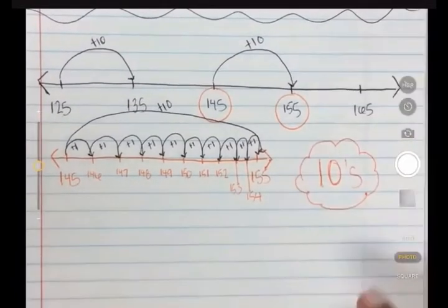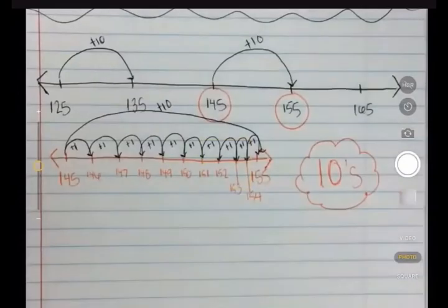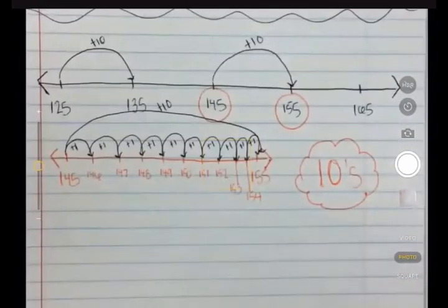Is this usually how we see our tens? 125, 135, 145? No, it's not. We usually see them 10, 20, 30. But in this case, this is still counting by tens. I added 10 every time. 125 plus 10, 135. 135 plus 10, 145.